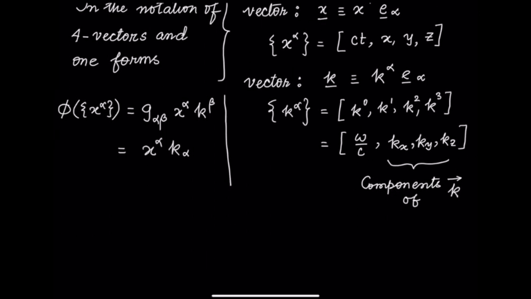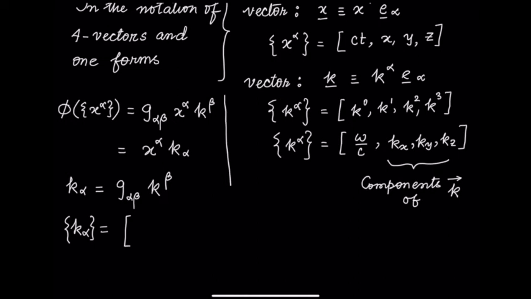And what will be k alpha? Now I know how to get k alpha out of my components of the vector as written here, because this will be g alpha beta and then k beta. So let's see what are these components. When I write with the second bracket, it means I want to write down all the components.